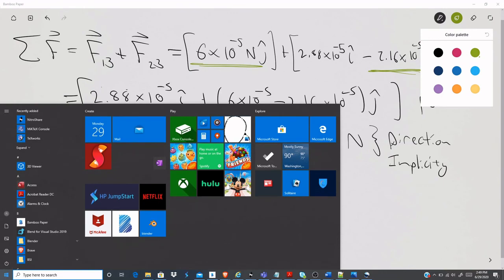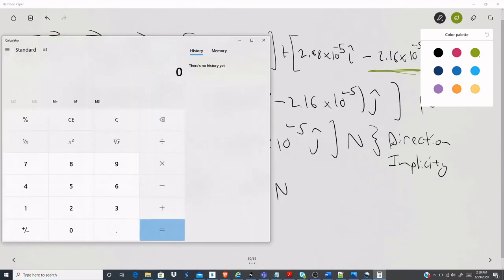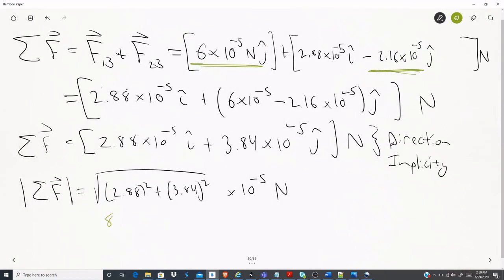So once again, I'll go to the calculator. 2.88 times 2.88, 8.2944. So that's this guy right here. Then I need 3.84 squared.